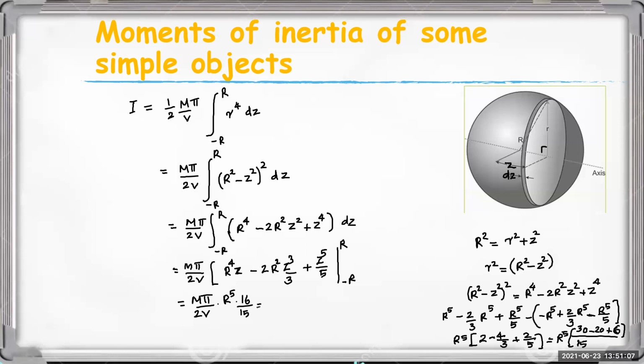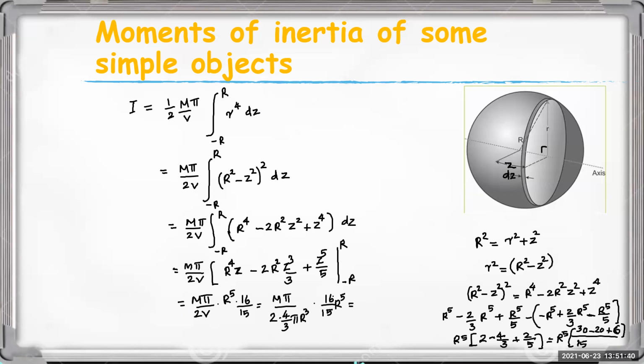Okay, here before reducing we substitute the value of V: m pi divided by 2 into 4 by 3 pi R cube, into 16 by 15 R raised to 5. Then it is equal to what?